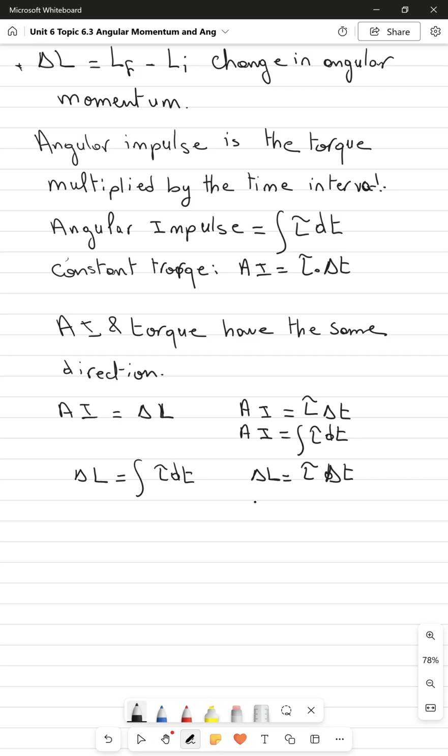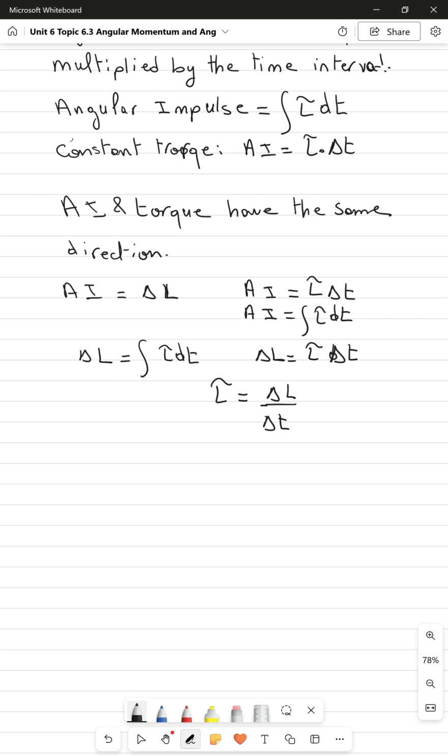So we can say torque is equal to the change in angular momentum over the change in time. And we know that torque is equal to I alpha, or delta L is I omega, up to you which one you want to use.